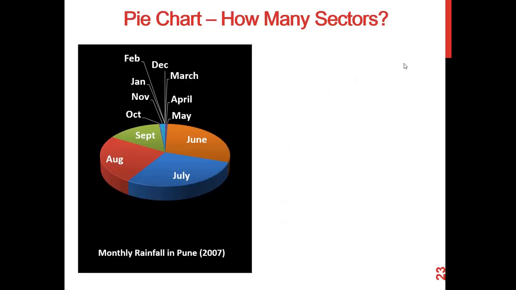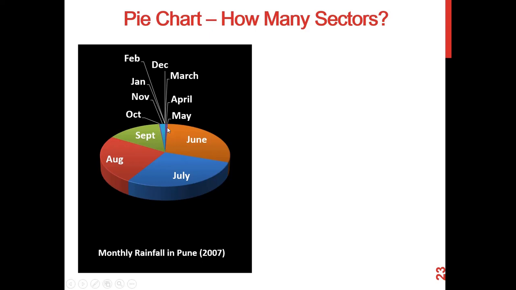Then the pie chart is a very easy tool, everyone likes it. But how many sectors should be there? This is based on monthly rainfall data in Pune in 2007. Now we can see that obviously June, July, August, September have a large chunk of rainfall. They are monsoon months, but all the other months are clubbed in this. So is it really necessary to name all the months and keep them as separate petals?